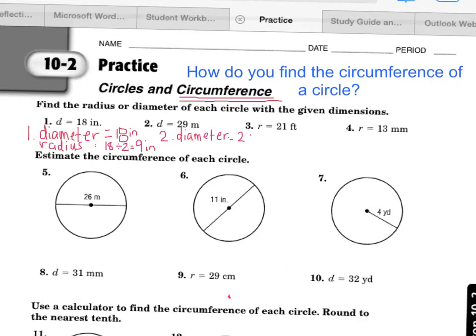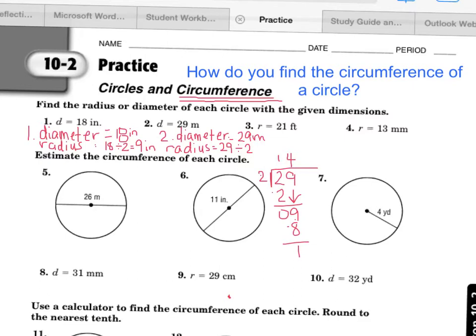Diameter is 29 meters. So our radius is half of that. 29 divided by 2. I'm going to come down here and do it. You need to do this on your paper too. You're dividing 29 by 2. 2 goes into 9 4 times. 4 times 2 is 8.